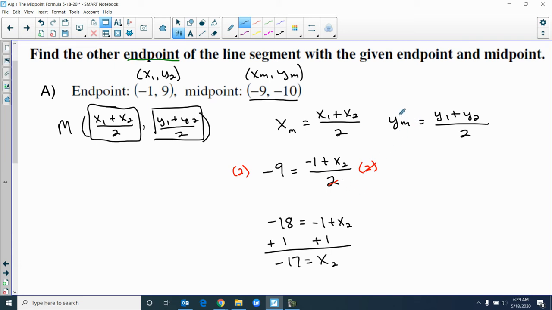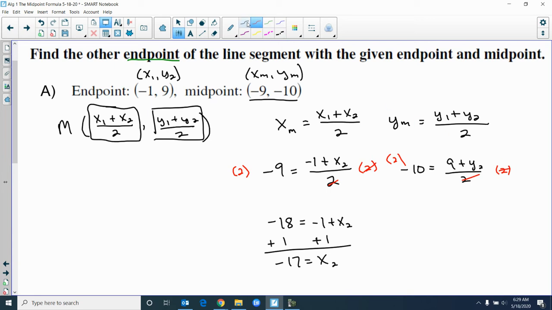Well, I'm going to do a similar procedure with the y's. The y coordinate of the midpoint is negative 10. I know one of the endpoints is 9, and the other endpoint is y sub 2, divided by 2. To get rid of that divided by 2, you multiply both sides by 2.